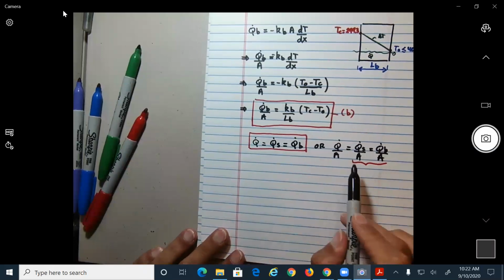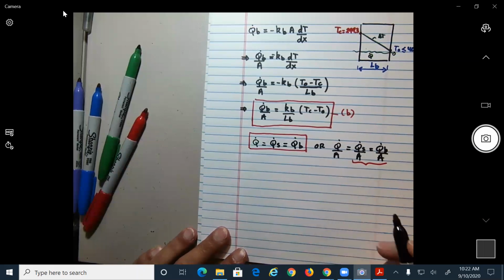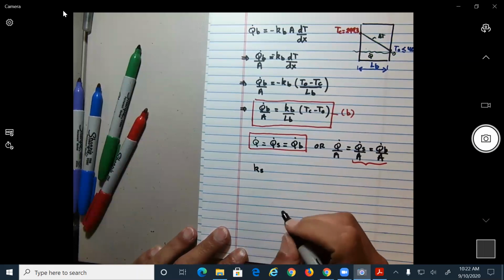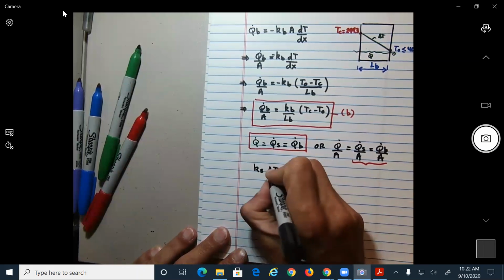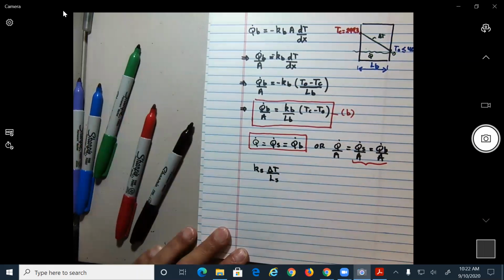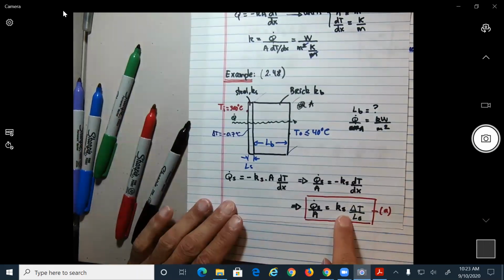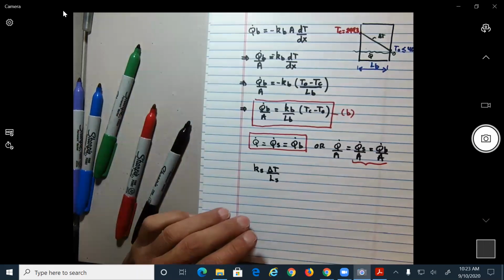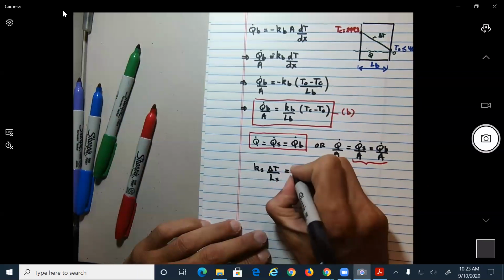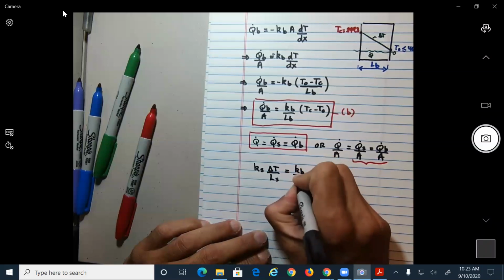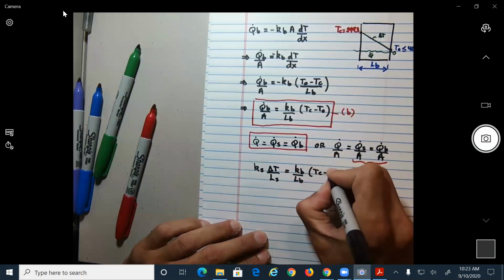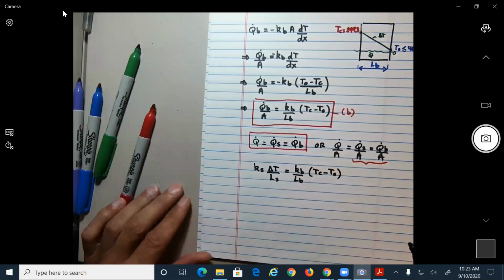Okay, so obviously using this, what I can rewrite is K steel delta T over L steel, which is equation A. I just rewrote this equation. Equation A will be equal to equation B, which is K_B over L_B, T_c minus T naught.